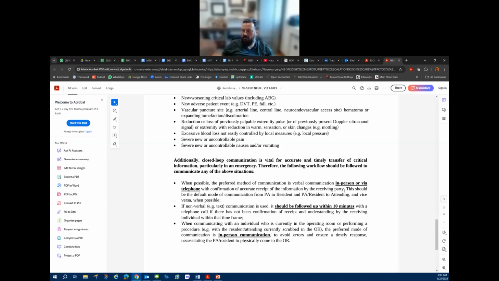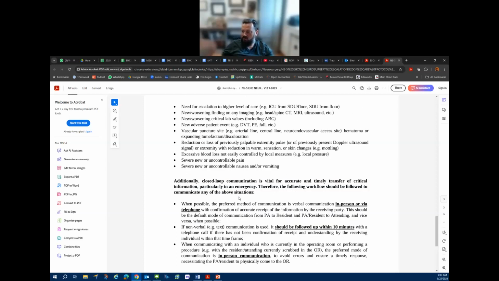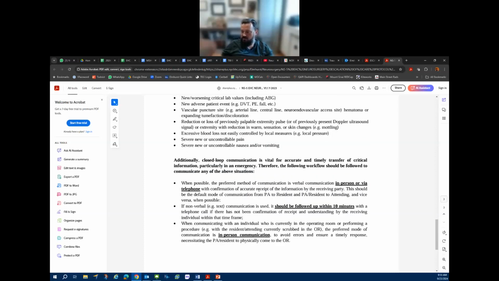Texting, while it can convey information rapidly, you need to be doubly careful about, particularly in an emergency or with something urgent, and you need to make sure that the person receiving it not only received it but has read it and understood it. That's why, in an emergency setting or for something urgent, in person or via telephone is preferable and should be the default mode of communication from PA to resident and from resident to attending.